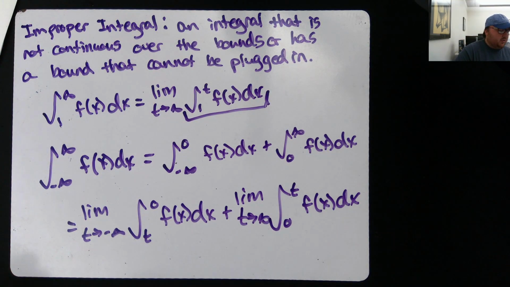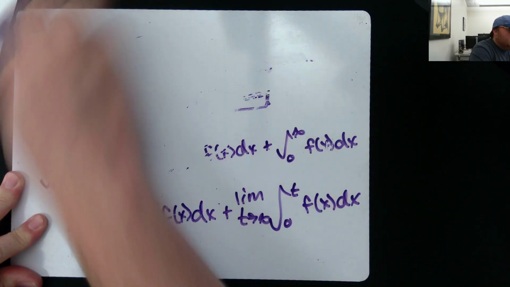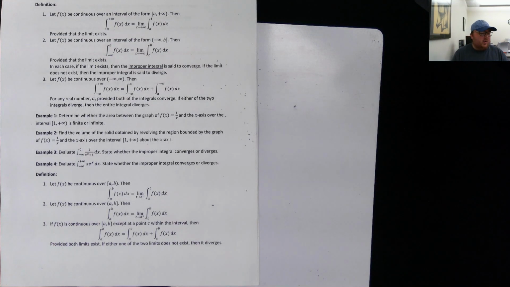So let's look at example number 1. Example number 1, determine whether the area between the graph of f of x equals 1 over x and the x axis from 1 to infinity is finite or infinite.